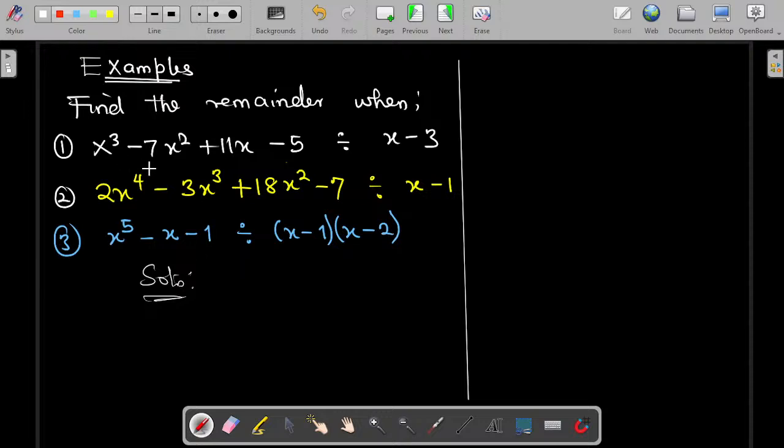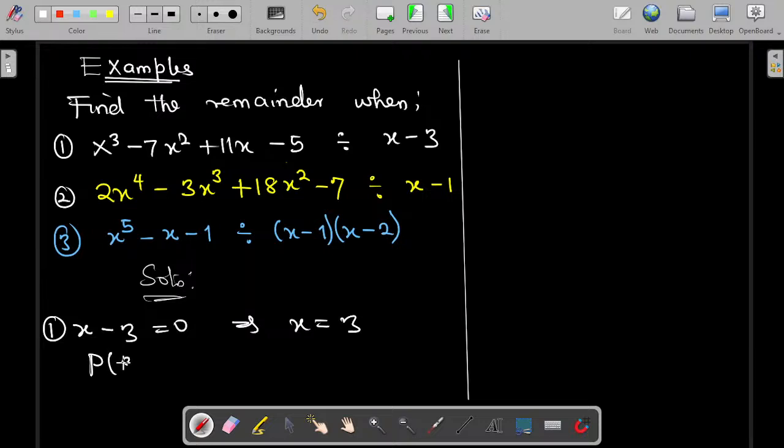It says find the remainder when this is divided by this. All I need to do is pick the divisor, which is x minus 3, and equate it to 0. I get that x is equal to 3. This is the polynomial, so I will just substitute into that polynomial.